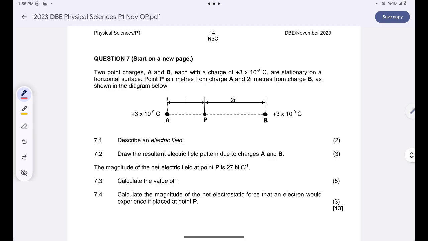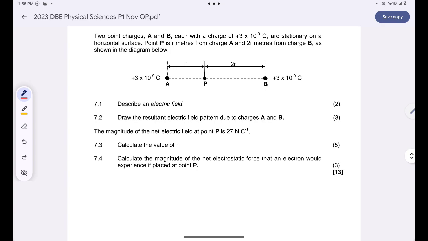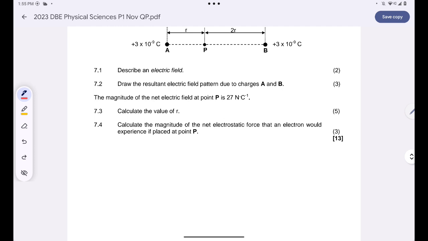Are we together? Okay. And then 7.2, we are supposed to draw the resultant electric field pattern due to charges A and B. Both charges A and B are positive, so there won't be any form of attraction between the two.